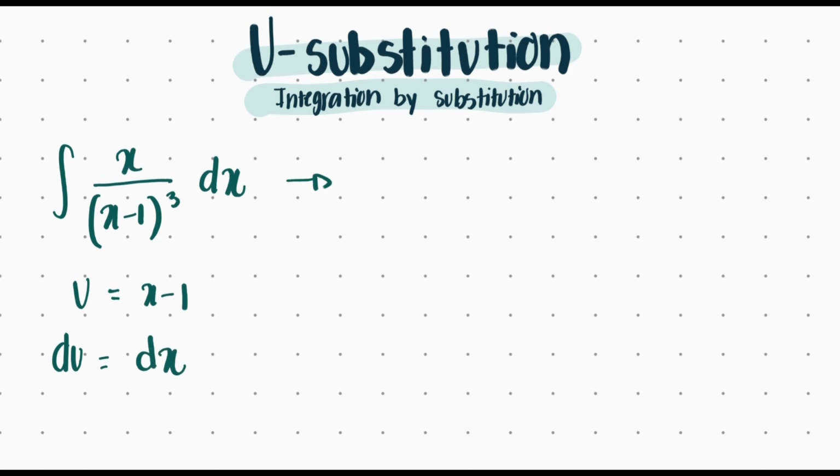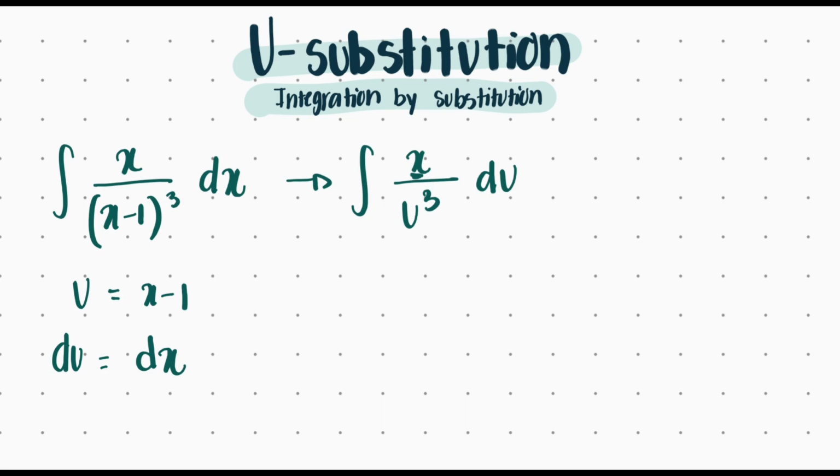So let's just replace u and du in here. So we get x over u cubed, and then du, because dx is simply du. But you see, this whole integral is not in the form of u. There's also an x here. So we need to get rid of that x. How do we do that? Well, it's actually really simple.